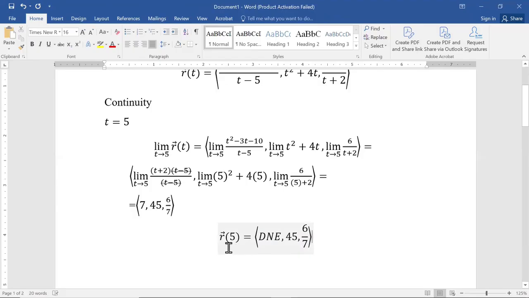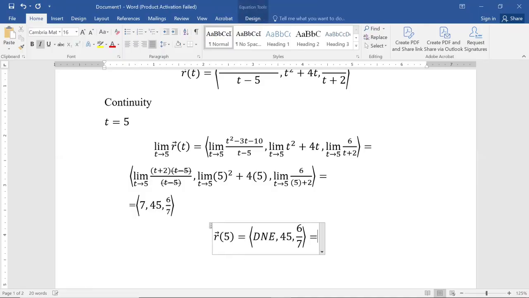But that means this r of 5 does not exist. Since it doesn't exist in one component, overall it doesn't exist. And so it did have a limit of 7 in the x component. However, when you plug in 5, it did not exist.